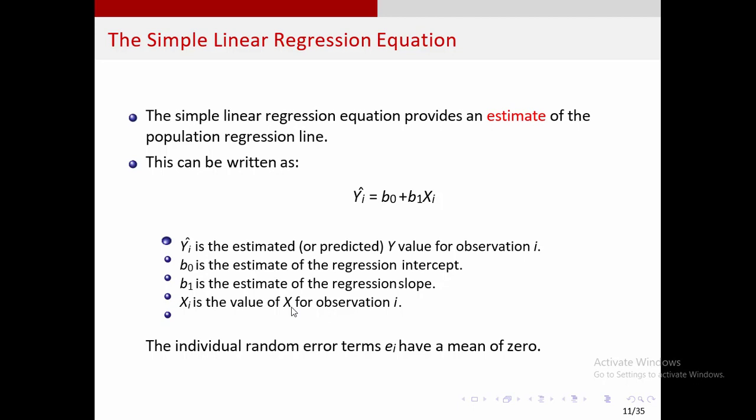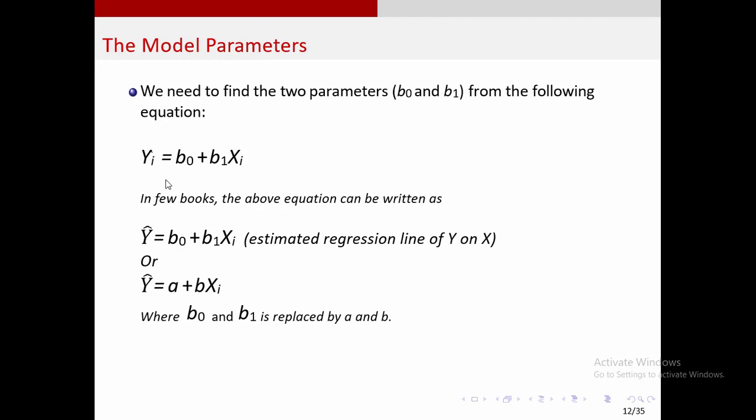It means that for each individual observation, we have like 10 observations, the individual error term ei, that is called the residual, has a mean of 0. So the general linear regression equation is yi is equal to b naught plus b1 x. When we use this equation for estimation or prediction, we will put a hat on the y.